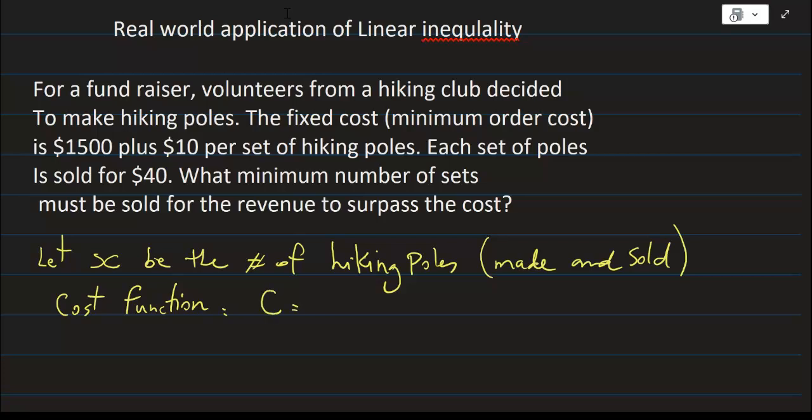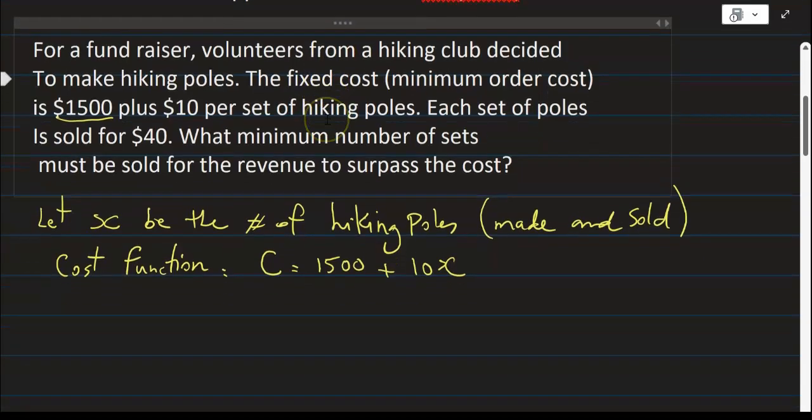It's very simply the initial, fixed cost of $1,500, which you pay even if you don't buy anything, plus for each set of poles we pay $10, and that would be 10 times x. So x is the number of poles, and $10 for each. This is the total cost to buy however many hiking poles we're going to buy.